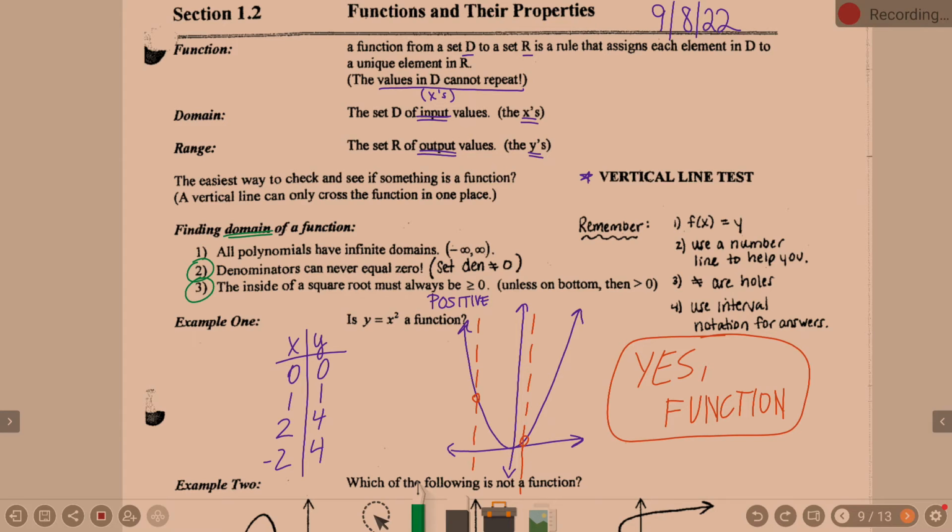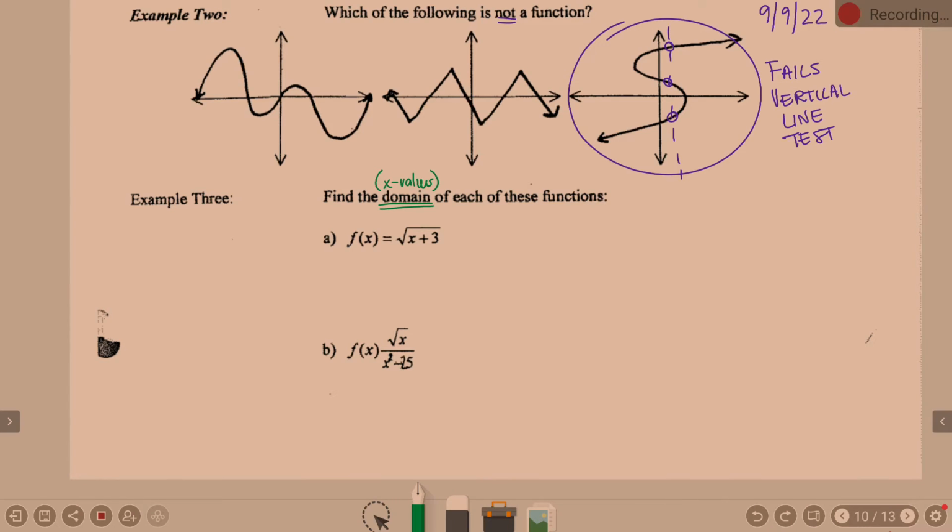and the inside of a square root must always be greater than or equal to 0. Well, as we look at example A, do we have a denominator? No denominator, so we don't have to worry about a denominator equaling 0. What about a square root? Yes, we have a square root. And so we want to consider the fact that whatever's under the square root has to be greater than or equal to 0.